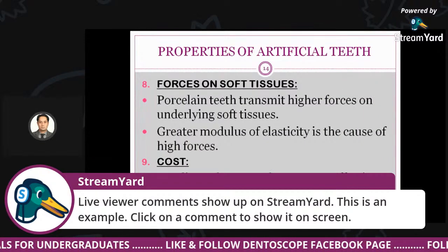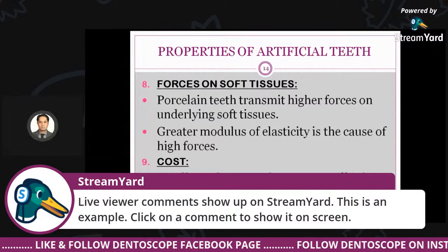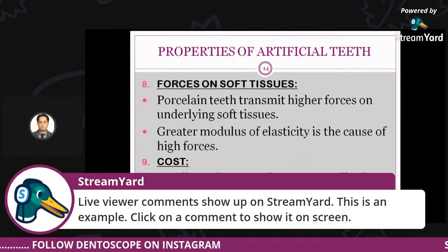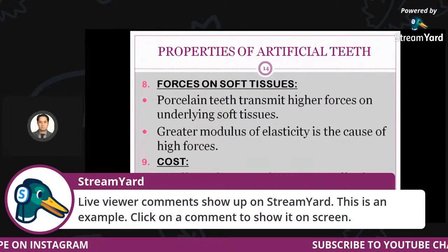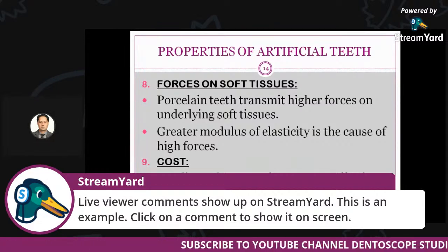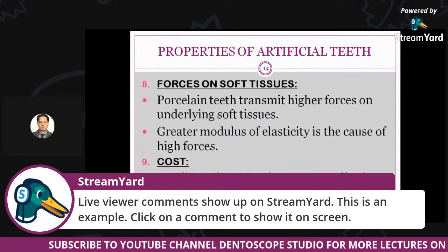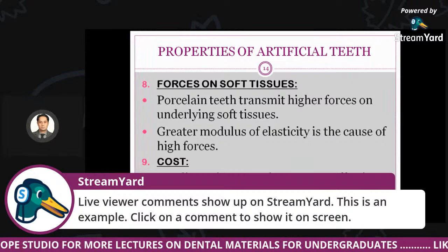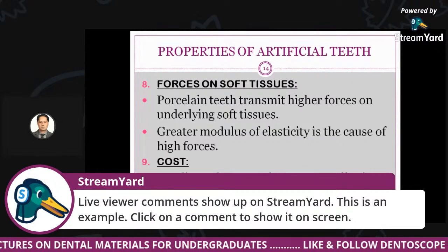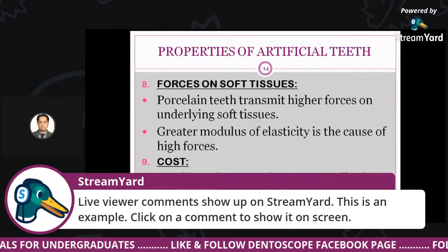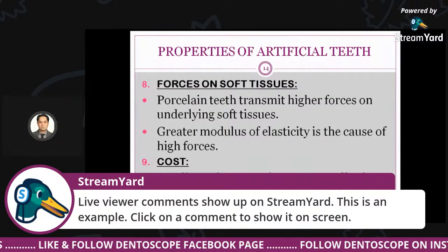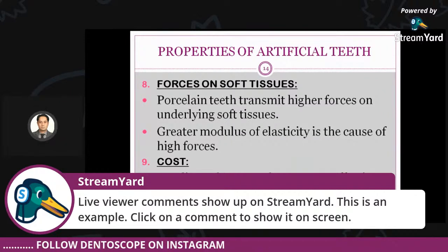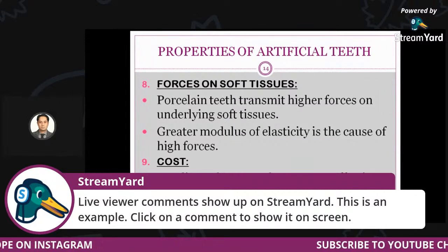Then the forces on the soft tissues. As I indicated a couple of slides back, the density of the porcelain teeth is twice that of the acrylic teeth. So the denture made from the porcelain teeth is always going to be heavy. Since it's going to be heavy, it is going to put much larger forces on the underlying bone and the soft tissues as compared to the acrylic teeth.